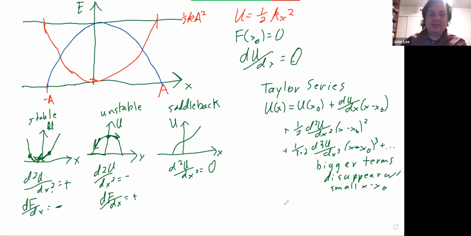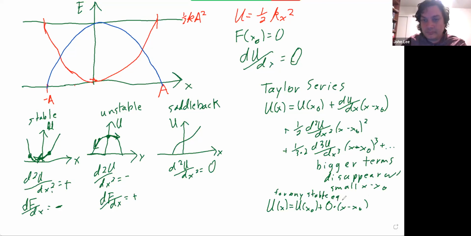So if we have this equation, then we have u of x equals u of x naught plus 0 times x minus x naught for any stable equilibrium, plus 1/2 d squared u dx squared times x minus x naught squared. Let's put this on the next line even though it's getting kind of cramped.